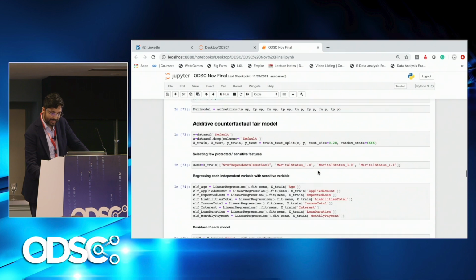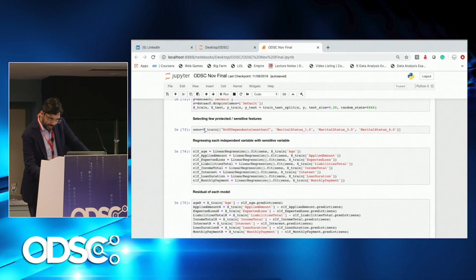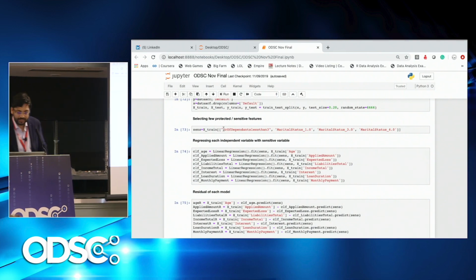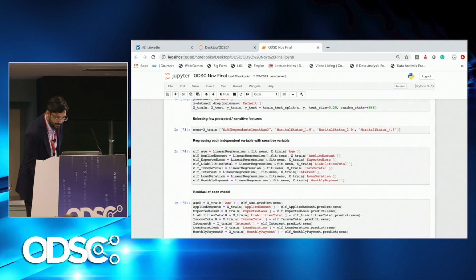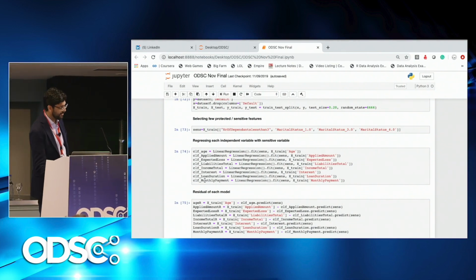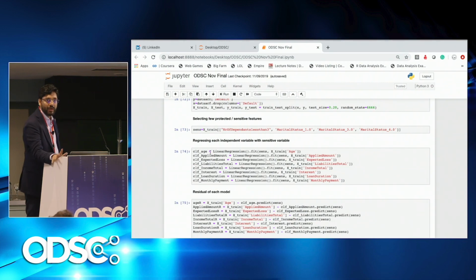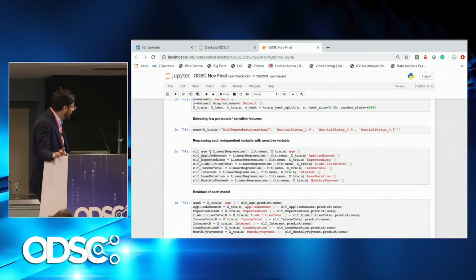In the second case, I take all my sensitive variables separately and try to make a model with them which can predict my independent variables. I'm trying to see how well my sensitive variables define my independent variables.